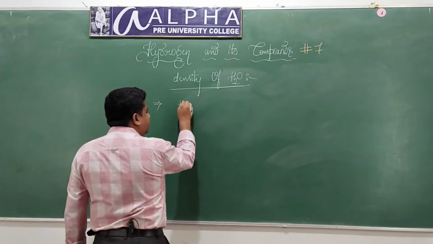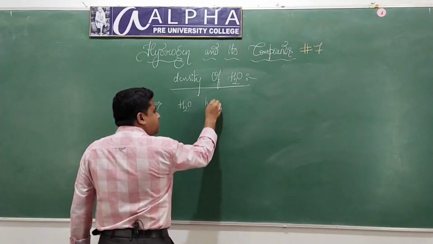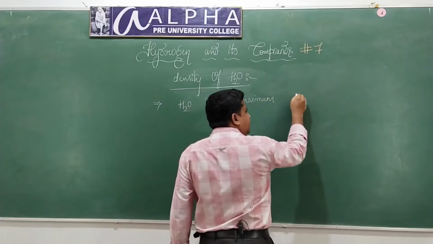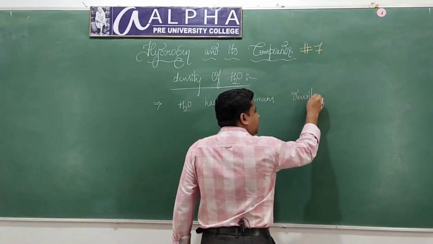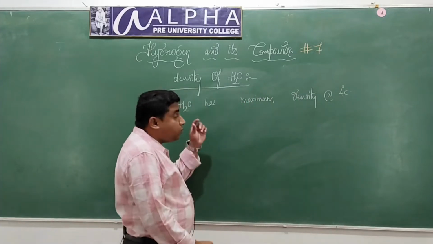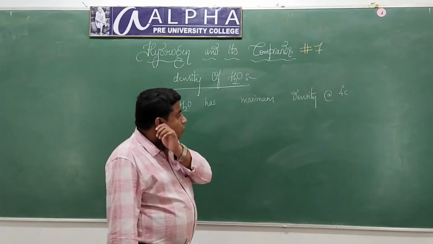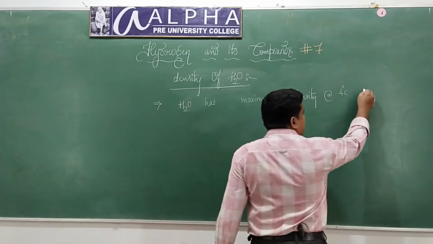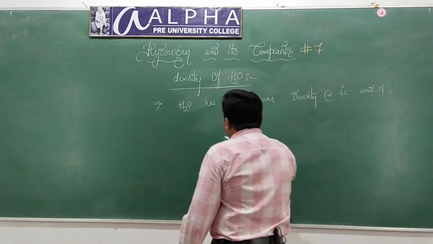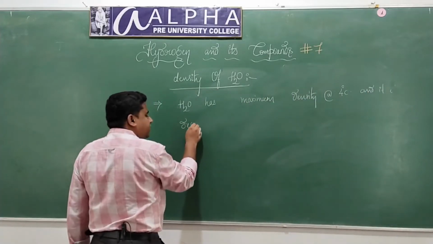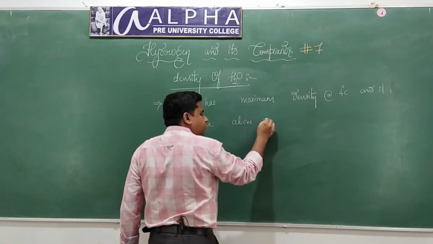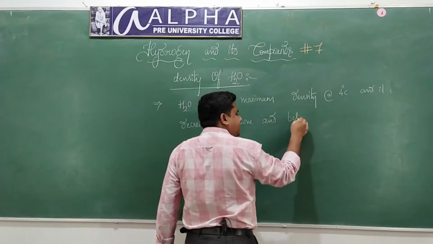Water has maximum density at 4 degrees centigrade, and it decreases above and below 4 degrees centigrade.